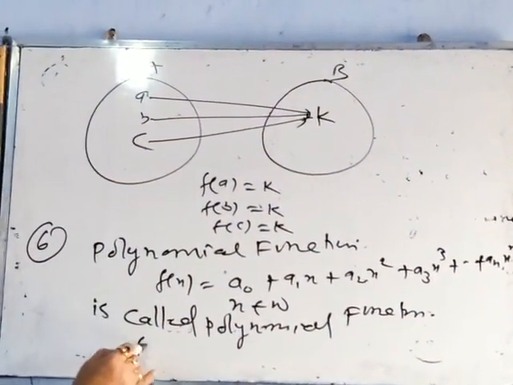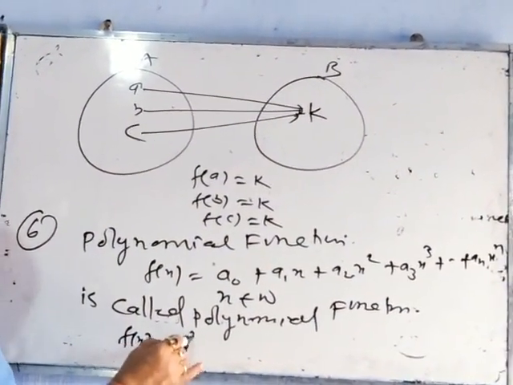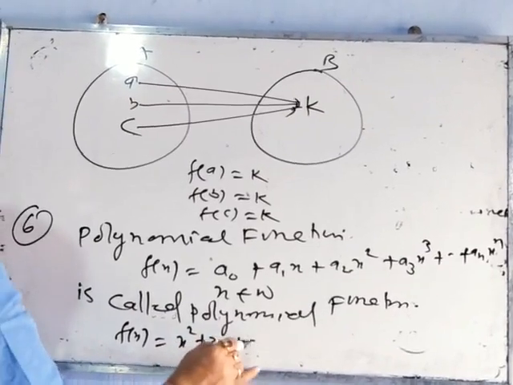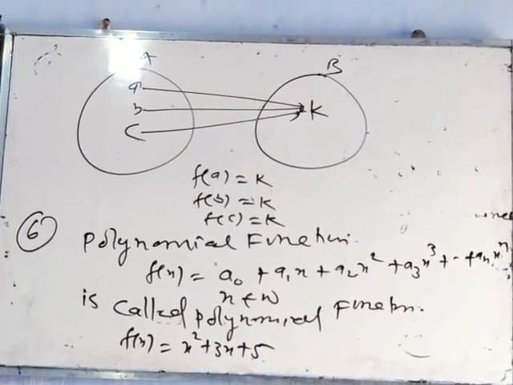Like that, f(x) equal to x square plus 3x plus 5 is a polynomial function.